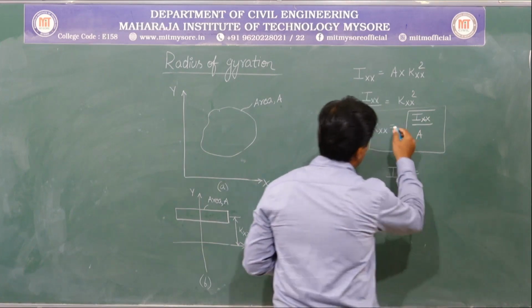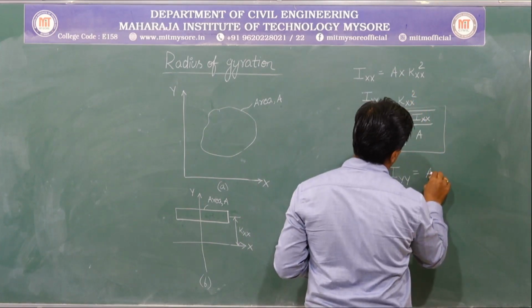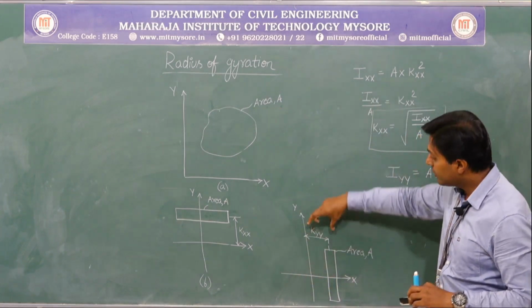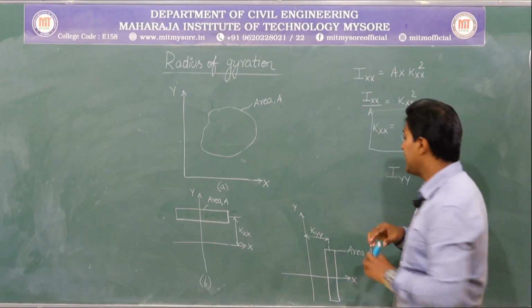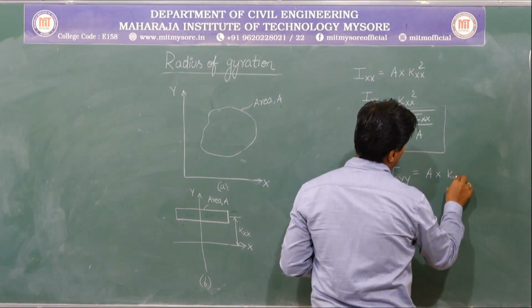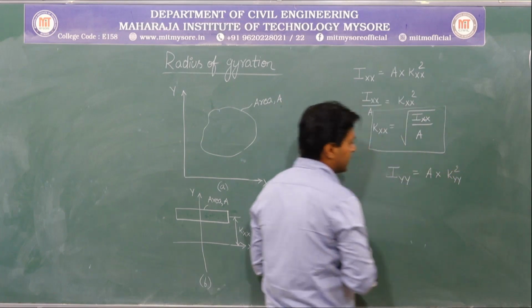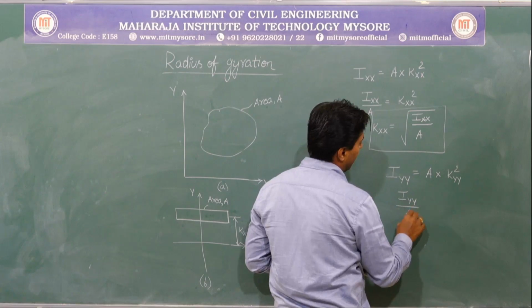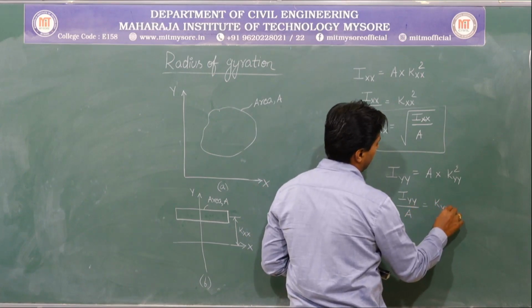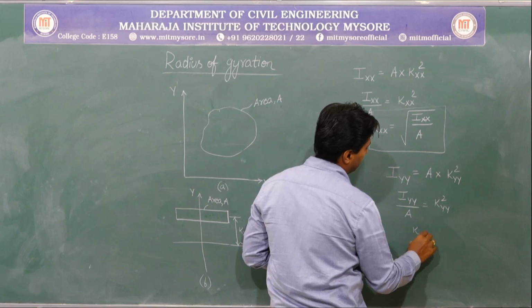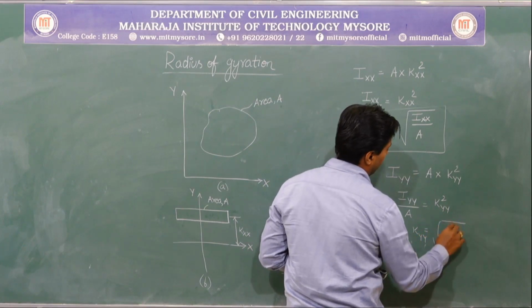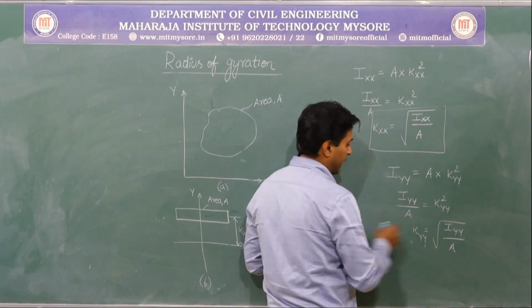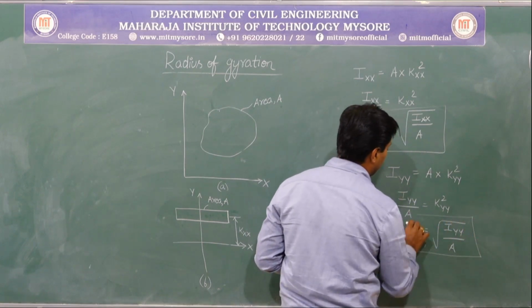The area is the same, capital A, into, about y axis I want it now, the distance kyy, kyy square. Now let me alter it a little bit. So Iyy by A is equal to kyy square, where kyy is equal to square root of Iyy by capital A. This is one more formula that we will be dealing with.